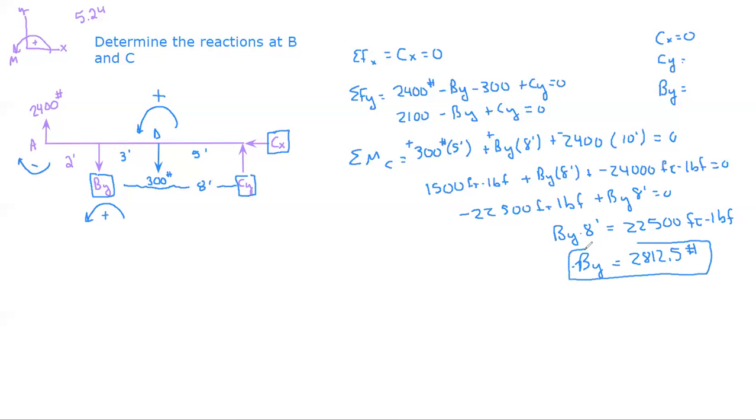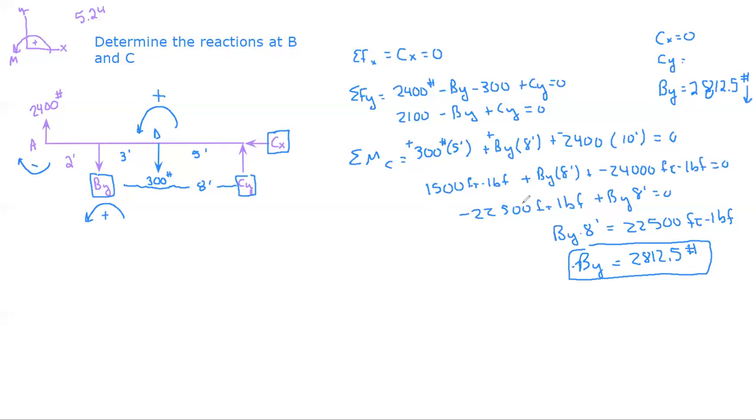The fact that this is a positive number indicates that I assumed the direction of By correctly. Filling in our scorecard, so By was down.